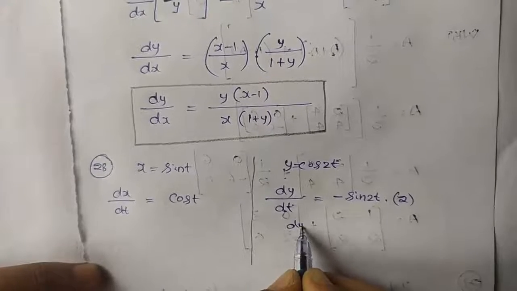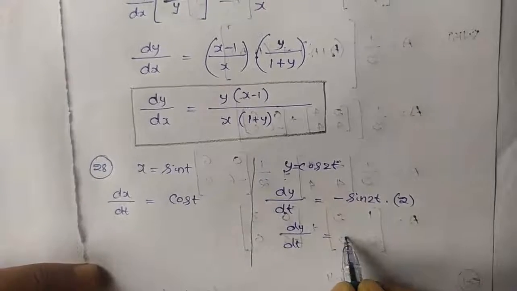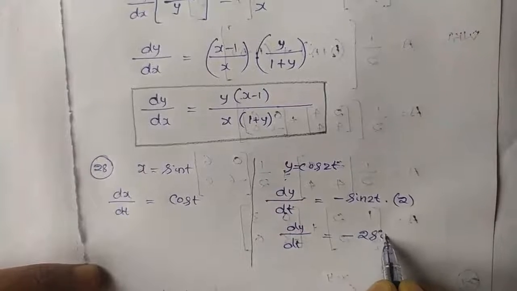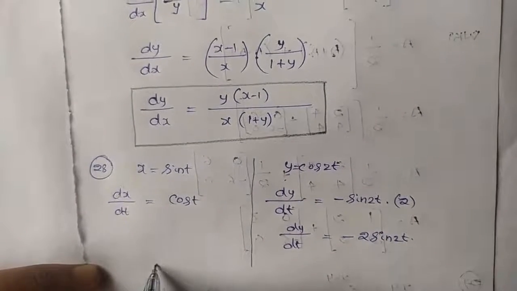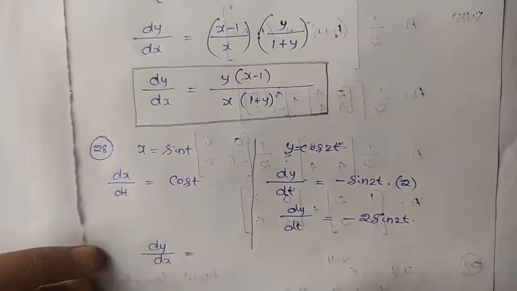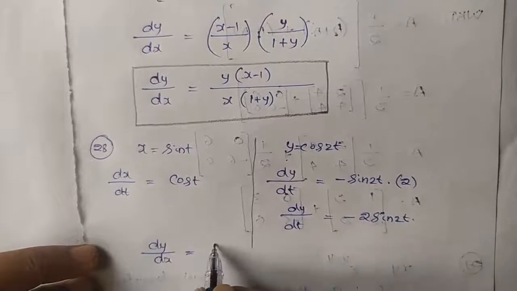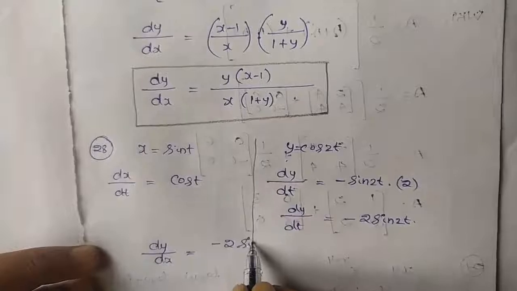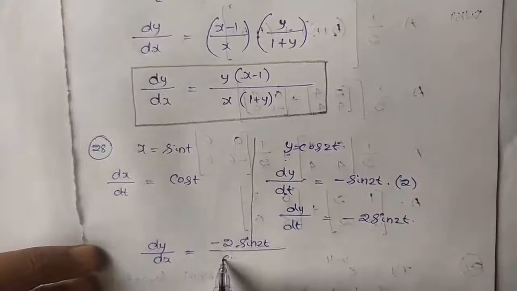So dy by dt equals minus 2 sin 2t. Now find out dy by dx. Dy by dx equals dy by dt divided by dx by dt, so minus 2 sin 2t divided by cos t.